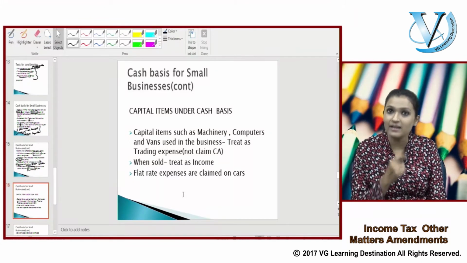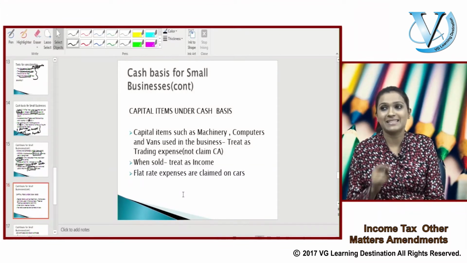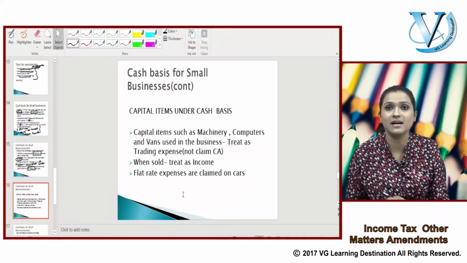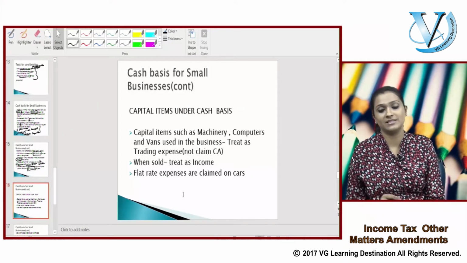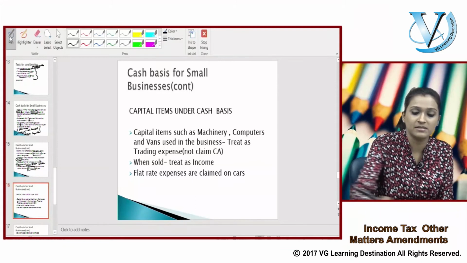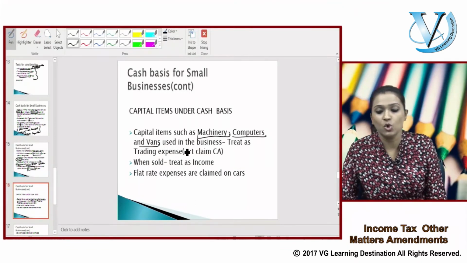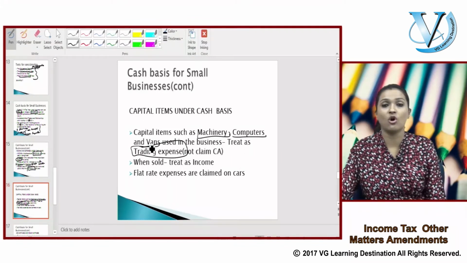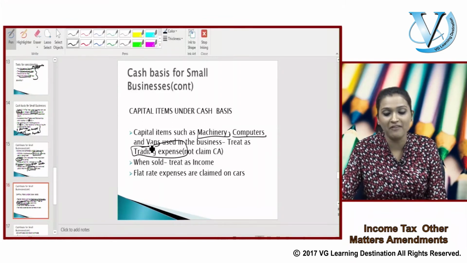The entire expense of the plant and machinery that you bought, except for motor cars, you can just claim as a trading expense in the year of purchase itself. So capital items such as machinery, computers and vans used in the business are treated as trading expense, and you're not claiming capital allowances on these purchases which you have made.